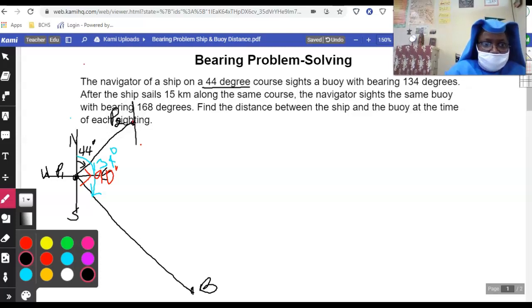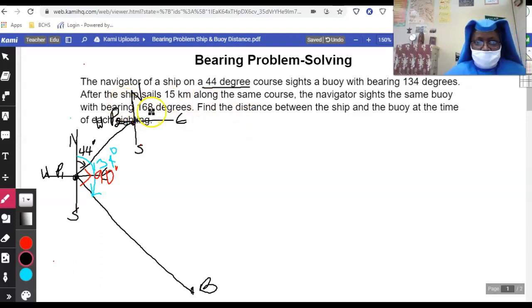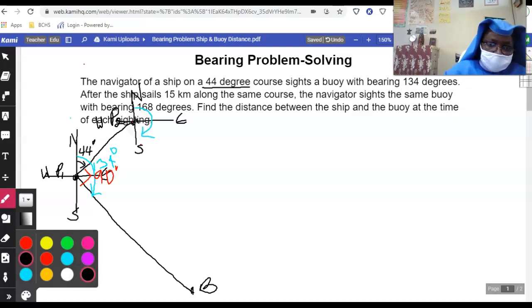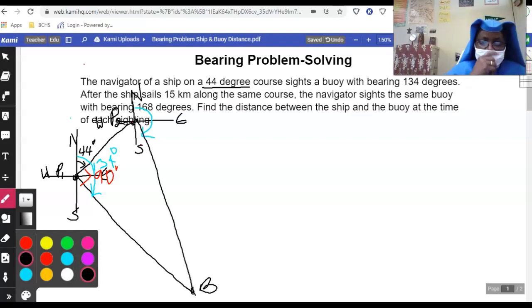And it's going to have its own north, south, east, west also. And the bearing is 168. So it's still in the second quadrant, but a little closer to the 180 line.